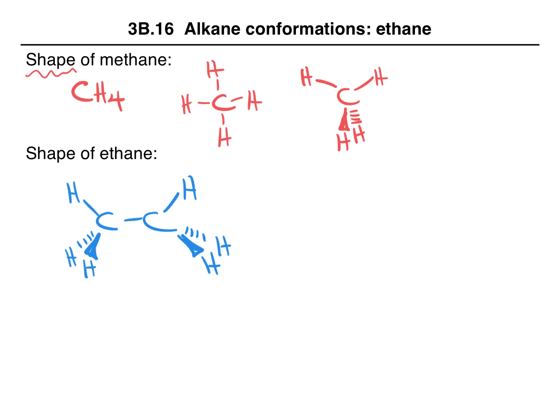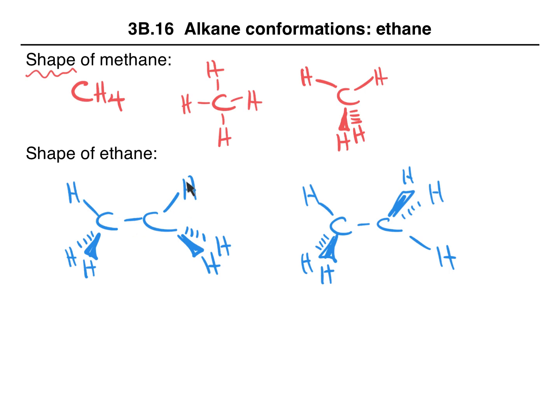But we could also do it like this. Here's our two carbons, here's a hydrogen, and here's a hydrogen. Now here we have one coming forward, one going back, and then here we have one coming forward and one going back. So in both of these cases, both of our carbons are tetrahedral, but the overall molecule has a different shape.